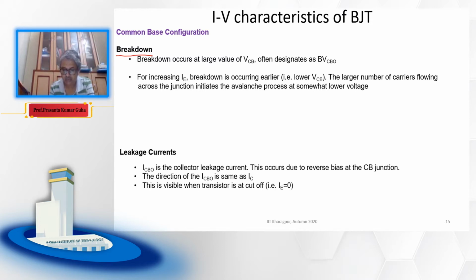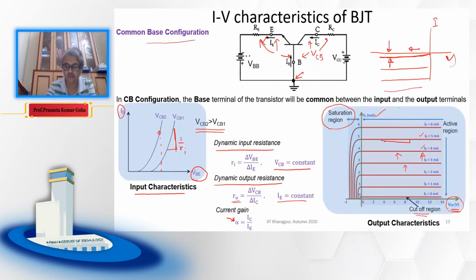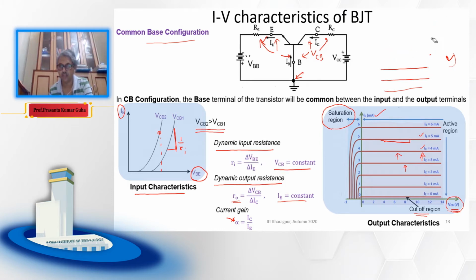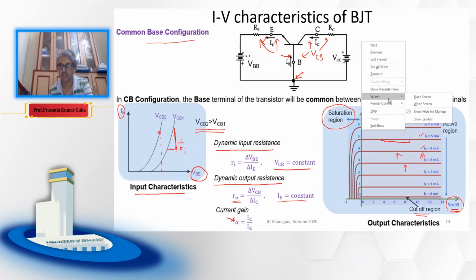At some point the transistor will break. This is similar to a PN junction. Let me clean the slide, it will be easier. If we keep on increasing the reverse bias, we know what happens for a PN junction, right?